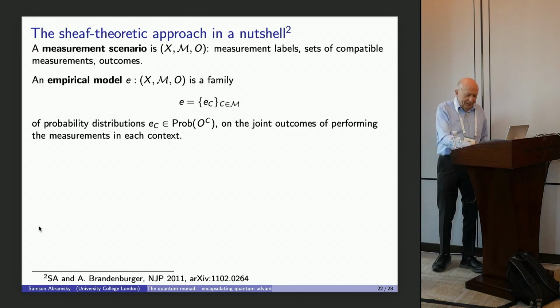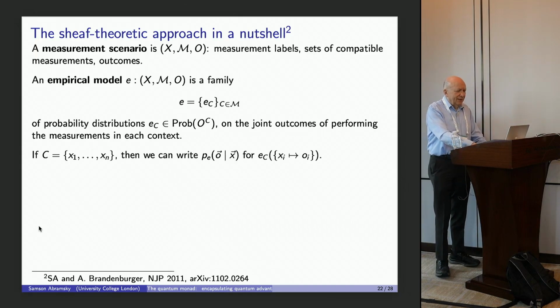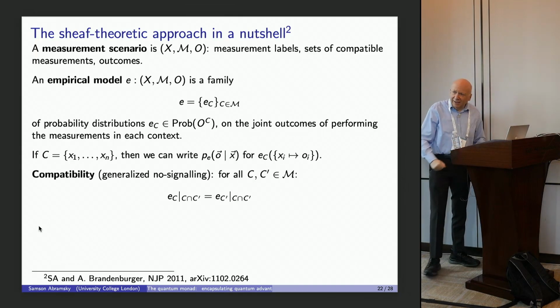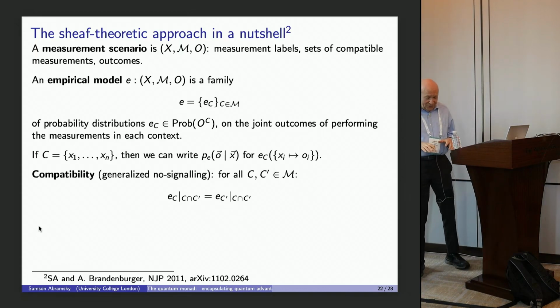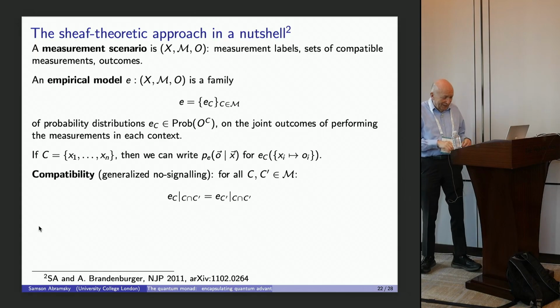And then what we call an empirical model, an observed table of data, which we either get from experiments or observations, or perhaps by theoretical prediction, is going to be a family of probability distributions, one for each context, which tells us the probability of getting each particular assignment of values or outcomes to each of the variables in the context. That's pretty general. And then the idea of local consistency is that if you take any pair of contexts and you marginalize to the variables that they have in common, you get the same distribution. So locally, everything looks consistent. They agree on their overlaps.